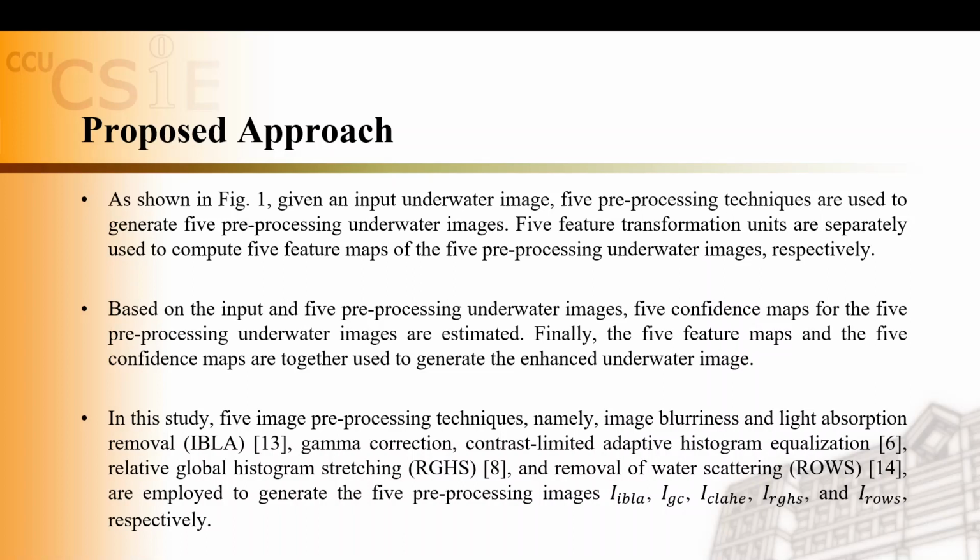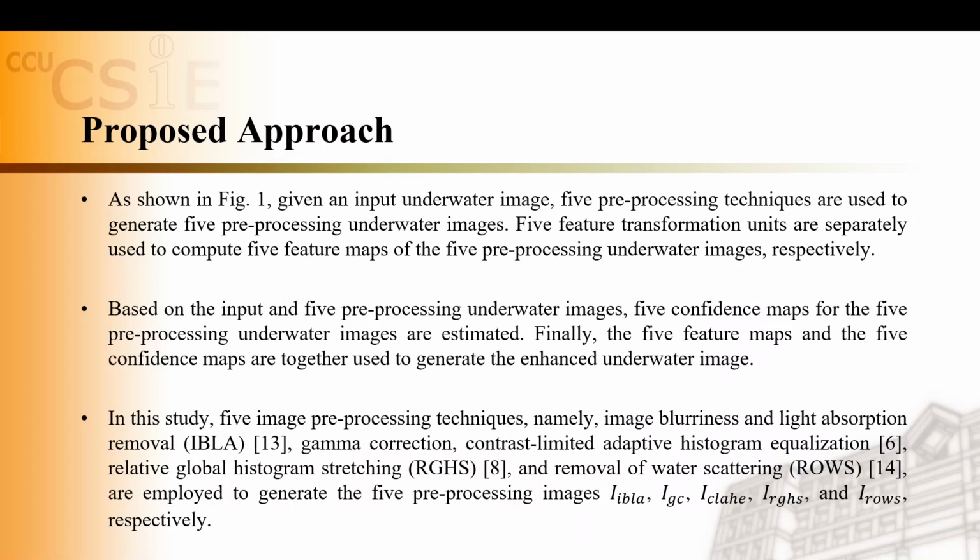Based on the input and the 5 pre-processing underwater images, 5 confidence maps for the 5 pre-processing underwater images are estimated. Finally, the 5 feature maps and the 5 confidence maps are together used to generate the enhanced underwater image.